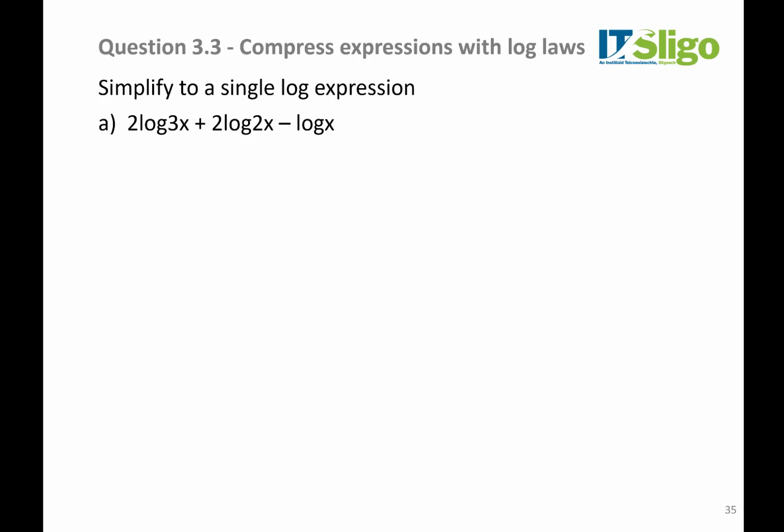So what we have to do is compress all of this until it's a single log term, and then we can solve it, which we'll be doing in a later slide. So at the moment we don't have a value. We're just looking at the compressive style of logs. First thing, guys, we'd like to use rule 1 and rule 2 first, but we have these numbers here. So we need to clean up the logs first. We need to move those using rule 3.